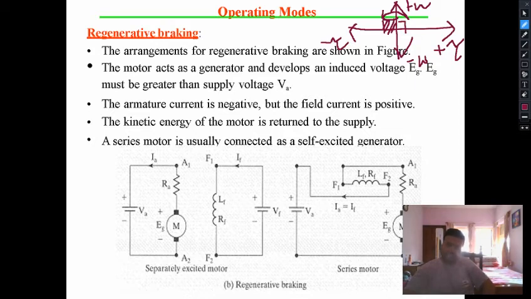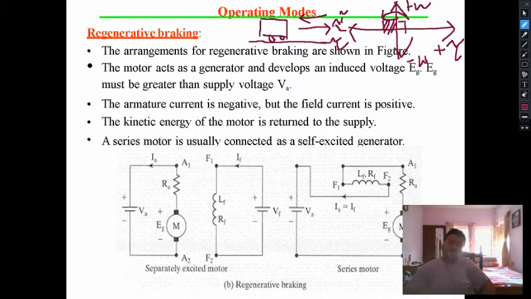As the motor slows down, if you see the train wheels rather, what will happen? Initially the torque was in this direction and now it has reversed.